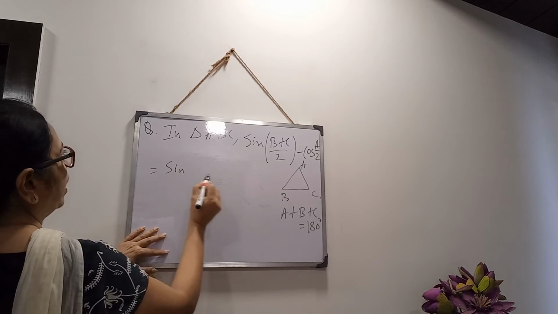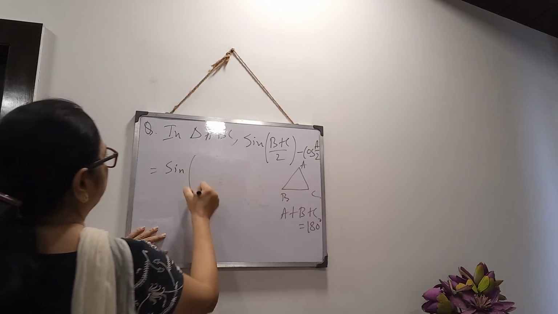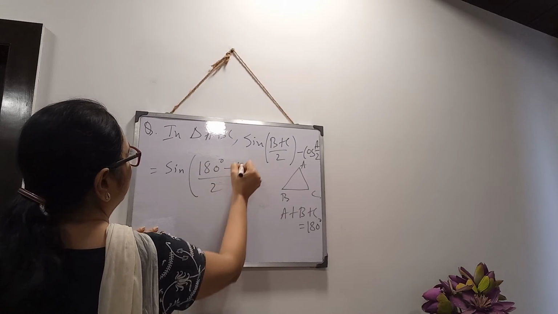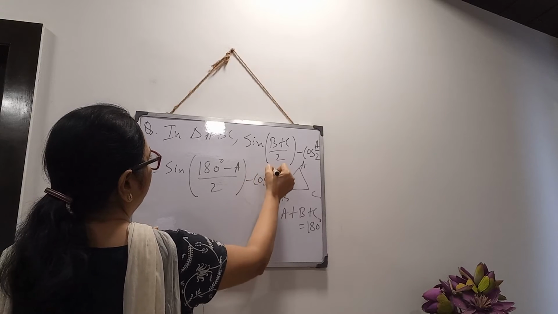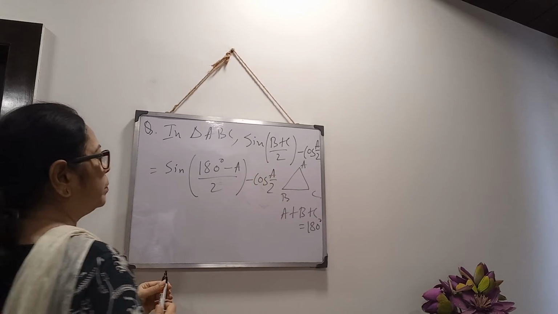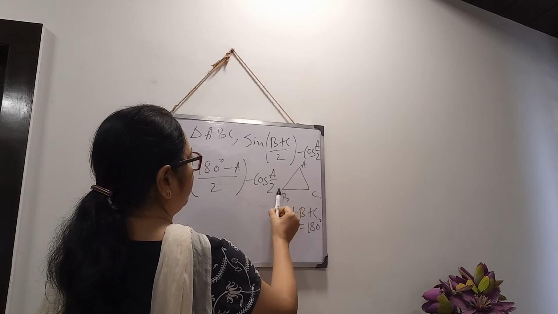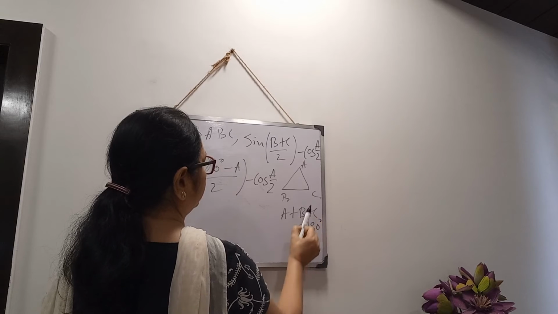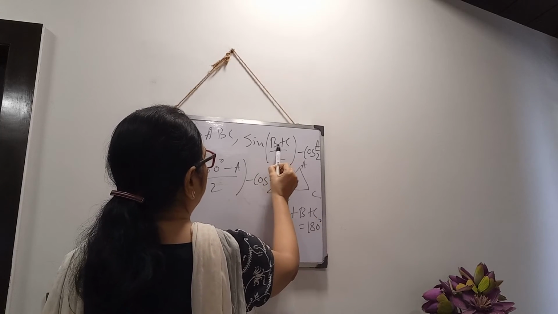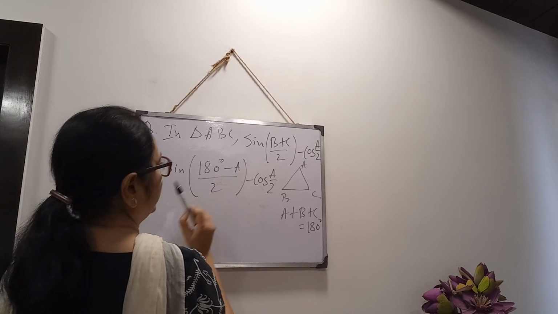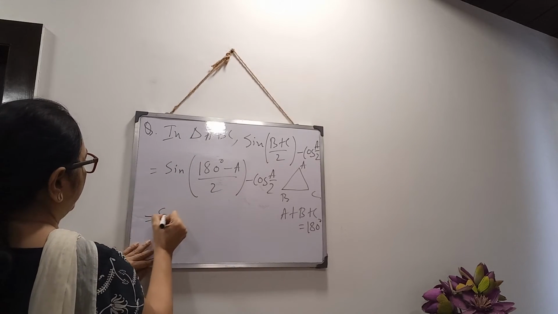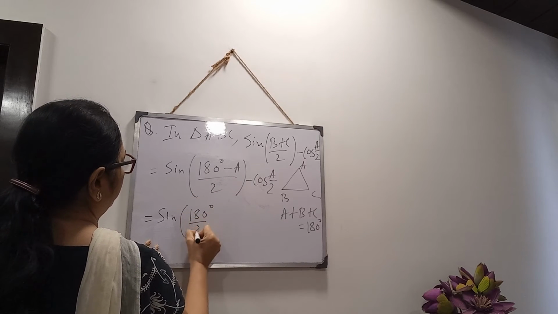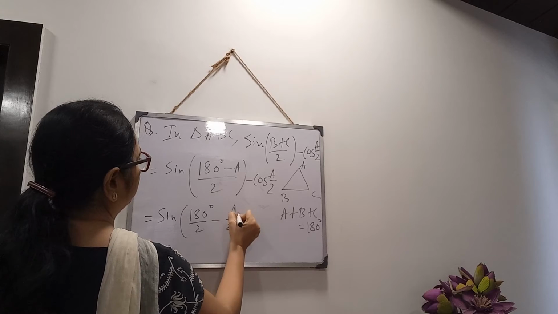B plus C, what can we write? 180 degree minus A. So in place of B plus C, I can write 180 minus A. Now I am separating 180 by 2 minus A by 2.